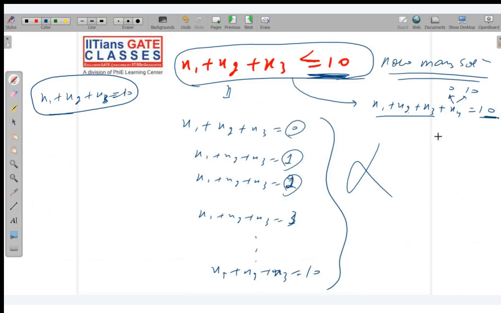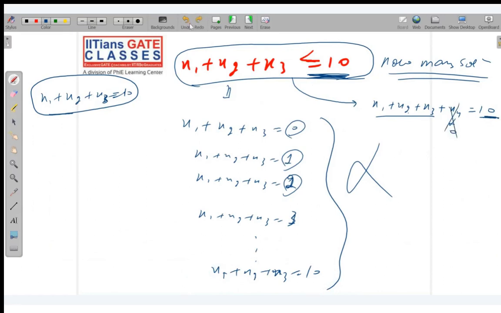Okay, let me explain it. See, every variable can take any value now. When x4 is 0, you just forget about it, and you get x1 plus x2 plus x3 is equal to 10.